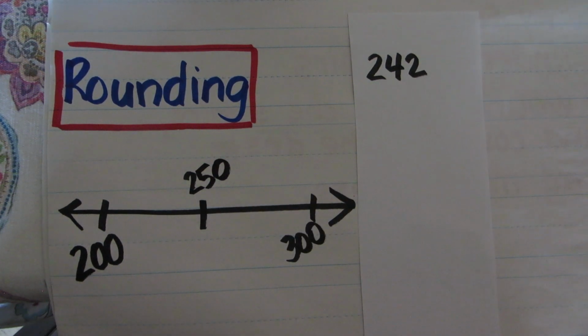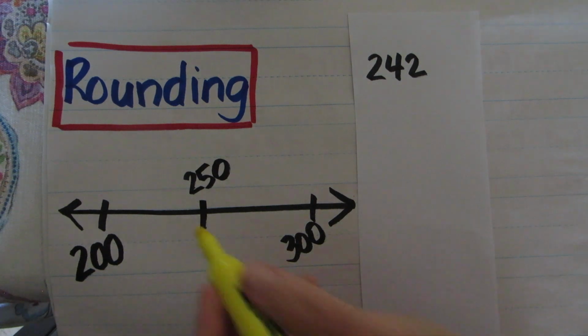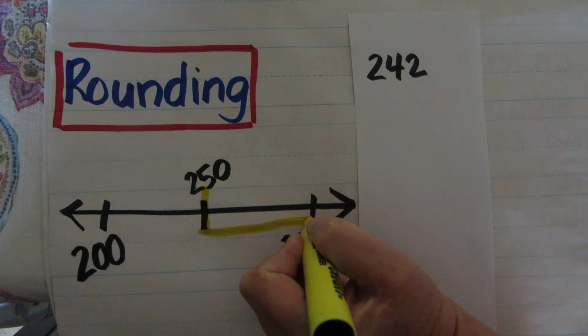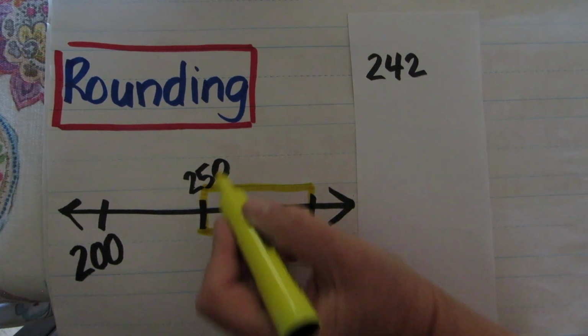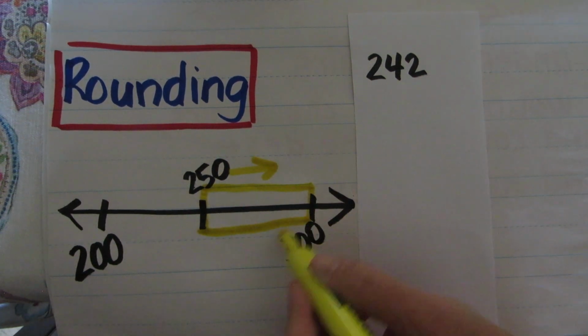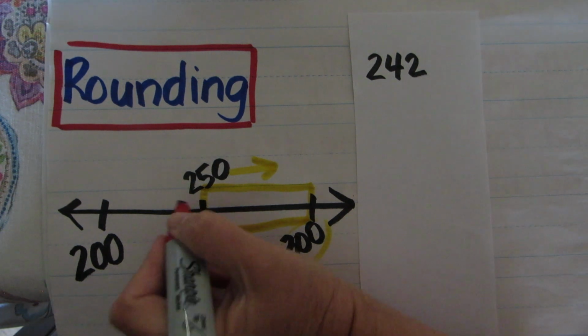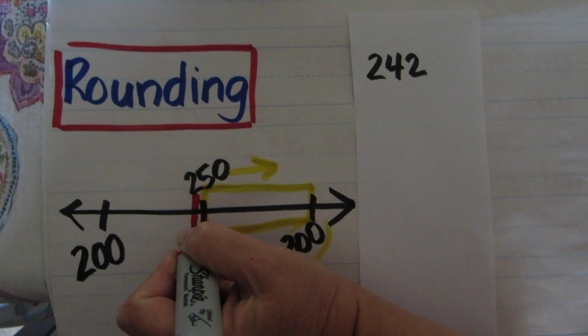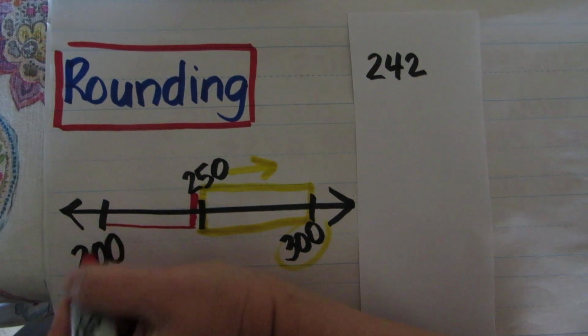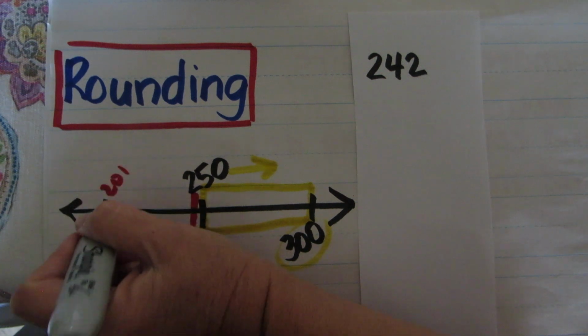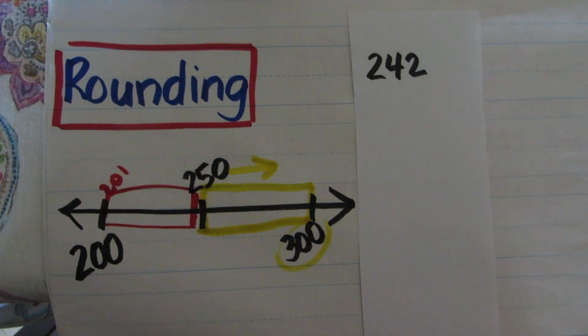So any number that falls between 250 and 299, they're all going to round up to 300. Any number that's less than 250, 249, all the way down to 201 is going to round to 200.